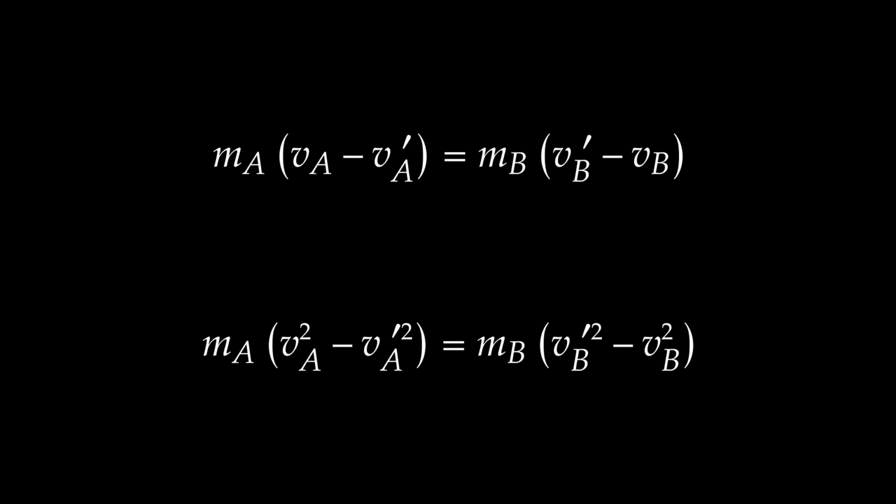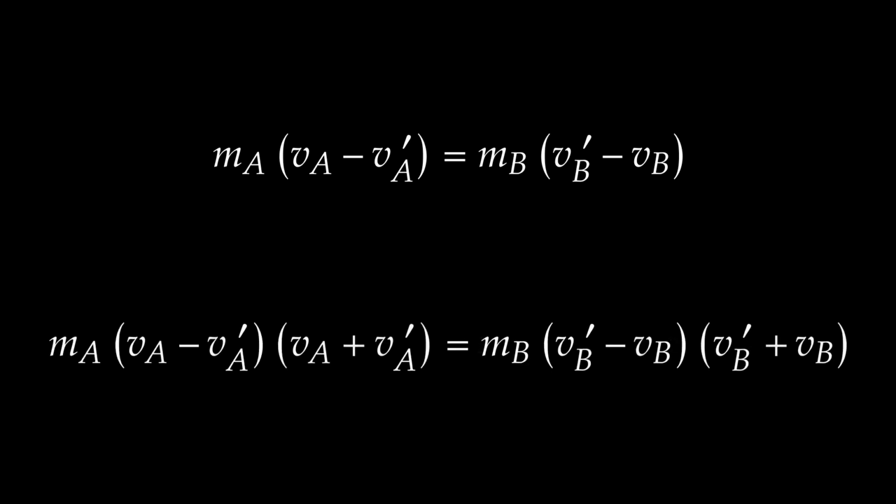So now I'm going to leave my momentum equation, and I'm going to bring my energy equation to center focus. And I'm going to notice that I can expand this term, VA squared minus VA prime squared. I can expand that term because it is MA times the quantity VA minus VA prime times the quantity VA plus VA prime.